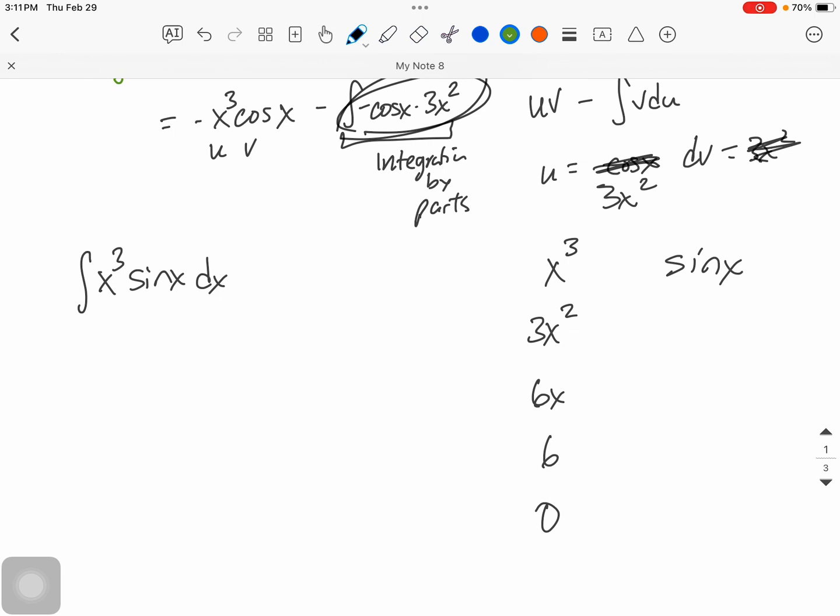And over here on the right side, I'm going to take antiderivatives, meaning the antiderivative of sine, and then the antiderivative of negative cosine, the antiderivative of negative sine. And you have this natural stopping spot when you run out of derivatives.